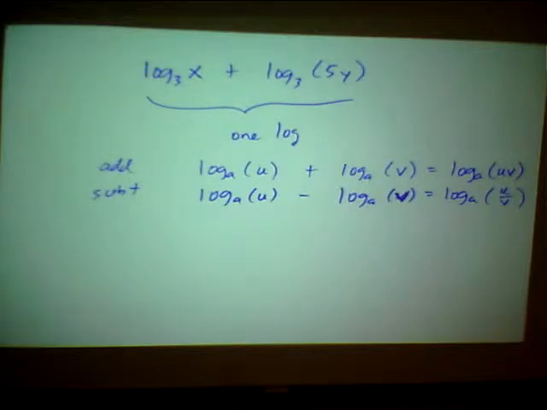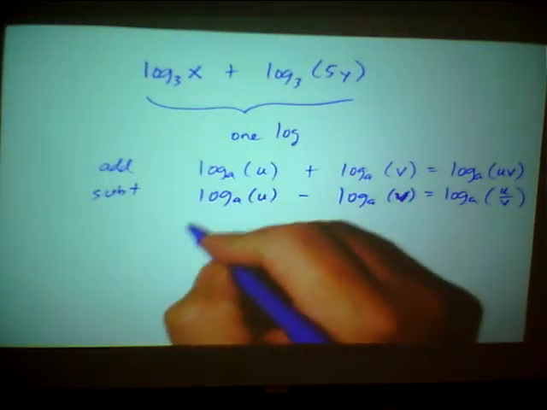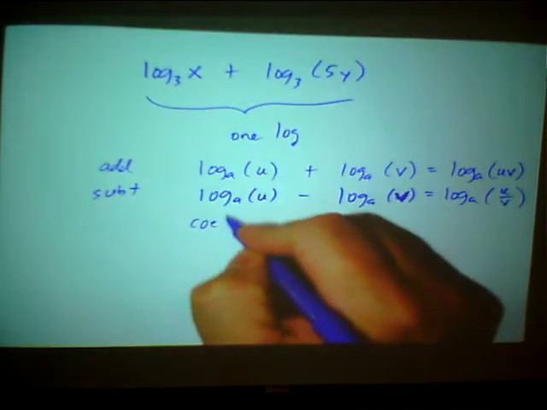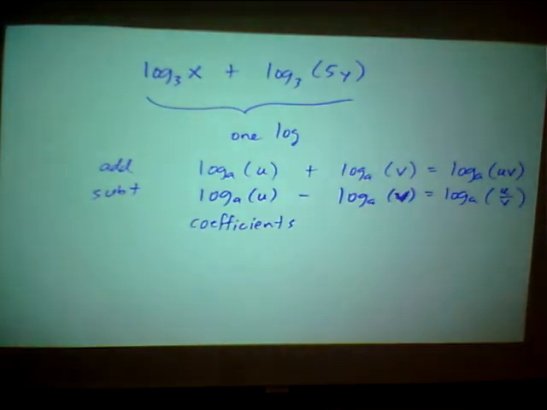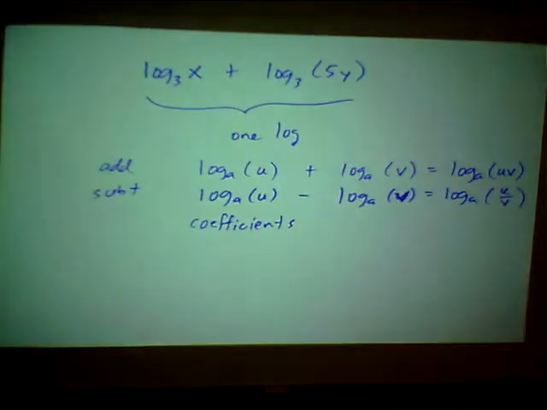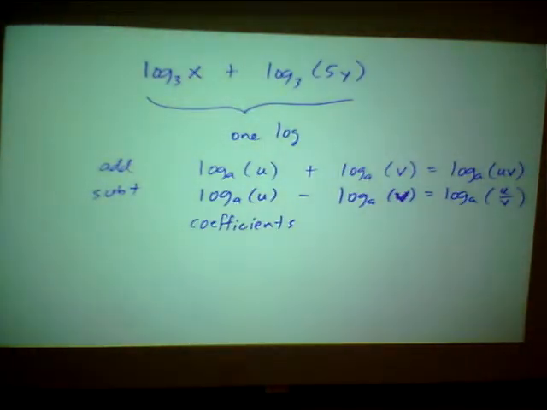And now there's one more rule. Let me go ahead and show it to you, and we're going to use it in a little bit. And this is where you have coefficients in your log terms. A coefficient means it's a number in front of the log, a number multiplied by the log.